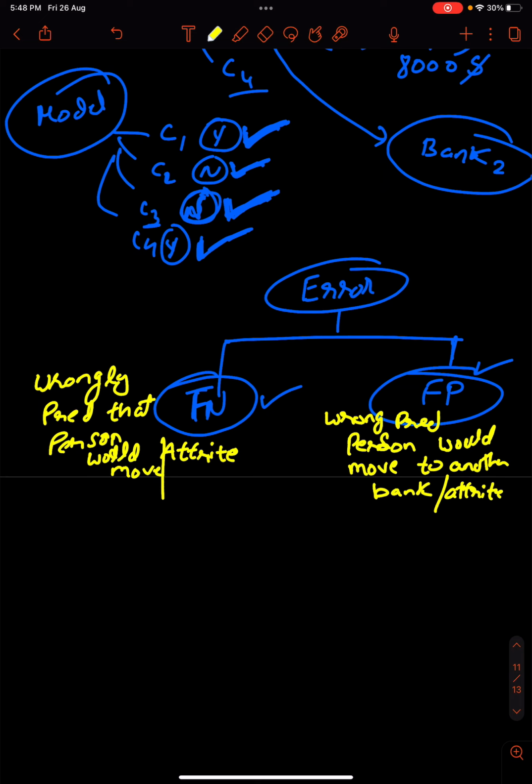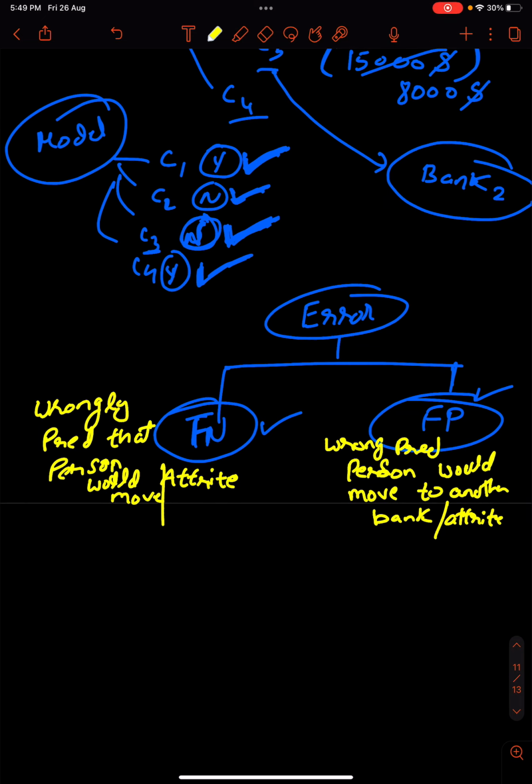So among these two, which do you think is more critical now? So is the company okay with losing customers? Obviously not. The bank obviously does not want to lose its customers, right? So what do you think is more critical here?